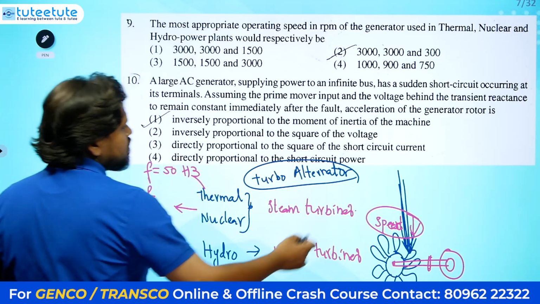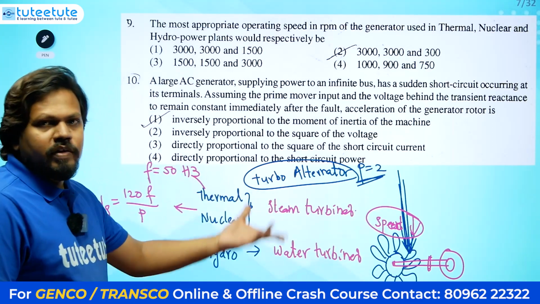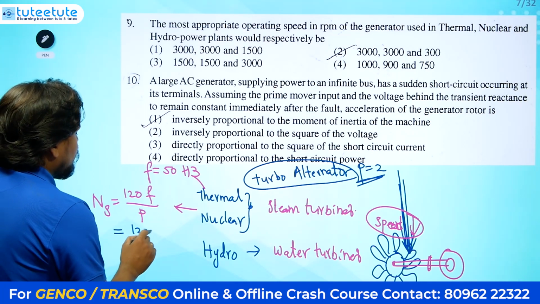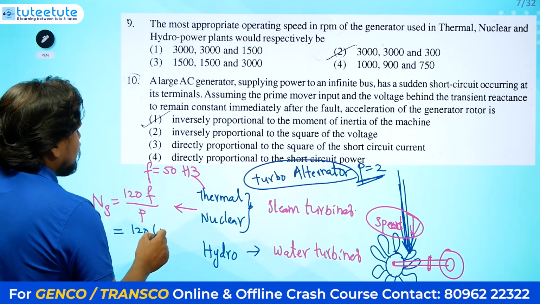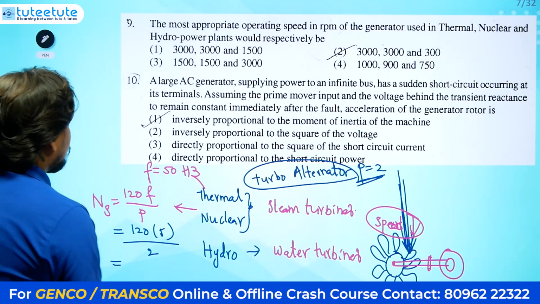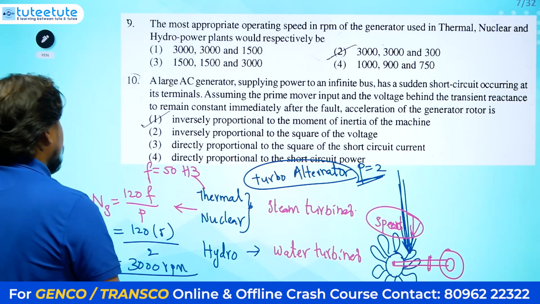How many poles will be there? Generally P equals 2. Very rarely we will go for 4 poles, if anything is required. Then it will be 120 into 50 divided by 2 poles. How much will you be getting? 3000 RPM. So this is okay, no problem.